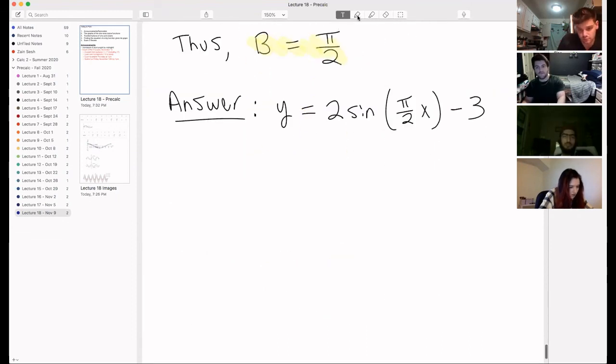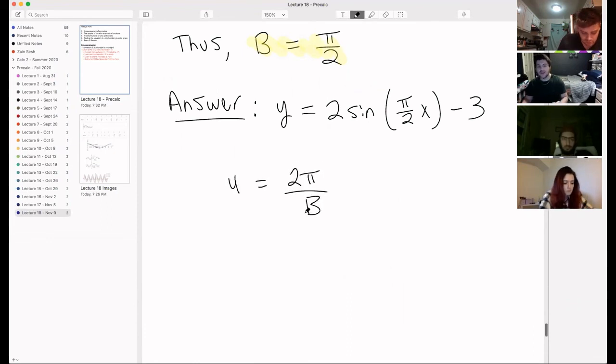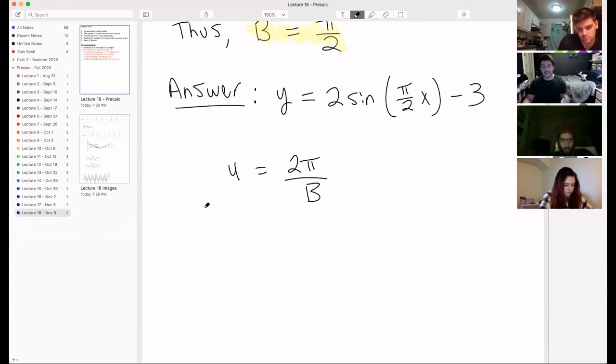Okay, so 4 is equal to 2 pi over b. We're solving for b, so you can think of this as a rational equation because the variable we want to solve for is in the bottom of a fraction. So the LCD here is b, so you multiply both sides by b.